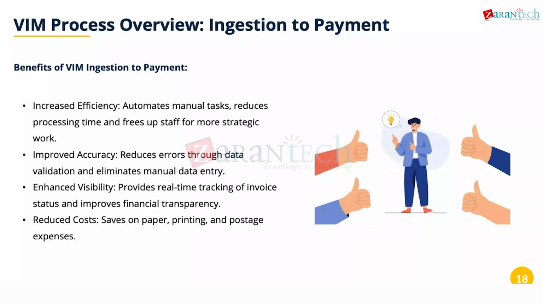Even if you're doing a manual entry, you can do it through the SAP solution, or the user has to do it. But instead, you can build the solution on the VIM side, so that all those tasks are automated. With this, your processing time decreases, and you reduce the burden on the accounts payable team, and they can be utilized for more beneficial or strategic work rather than boring, repetitive tasks.